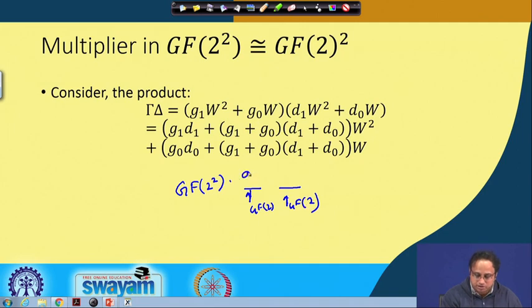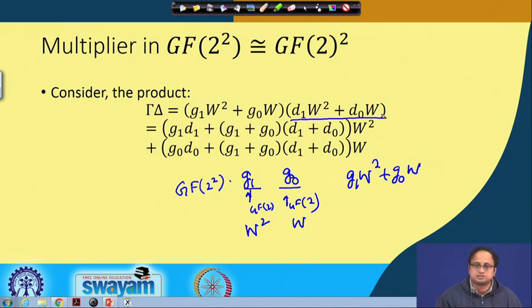So, for example, one element is denoted here as G1 and the other one is G0. The basis of this is W squared and W. Therefore, my element is G1 W squared plus G0 W. Likewise, my other element is D1 W squared plus D0 W. When I am multiplying them, I am just doing the individual multiplications, and note that I also have the equation W squared plus W plus 1 equals 0.